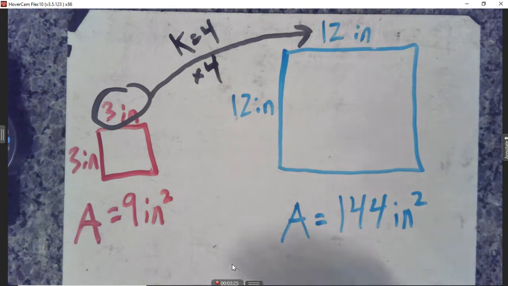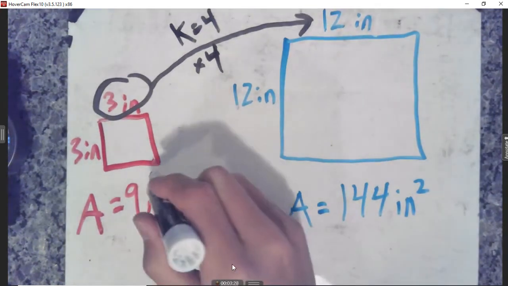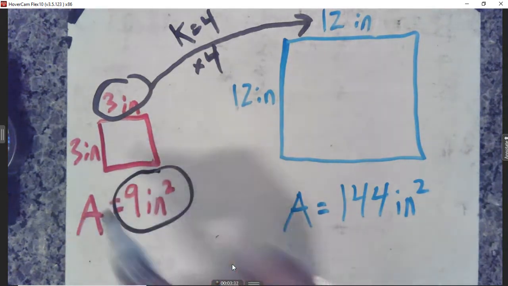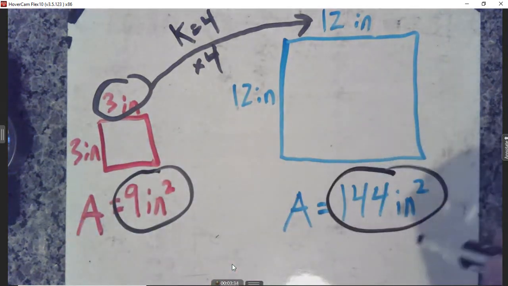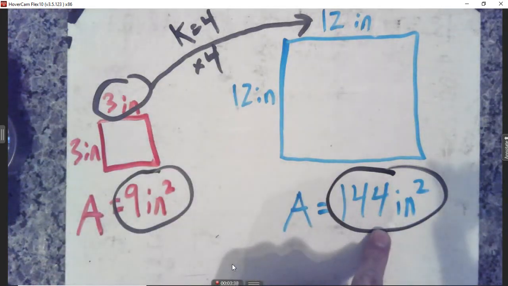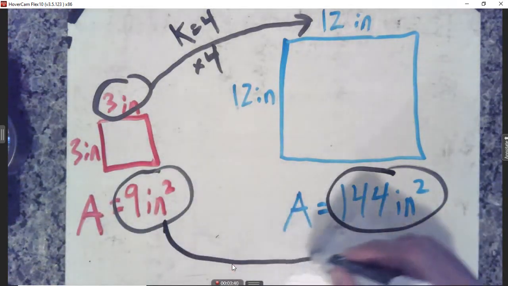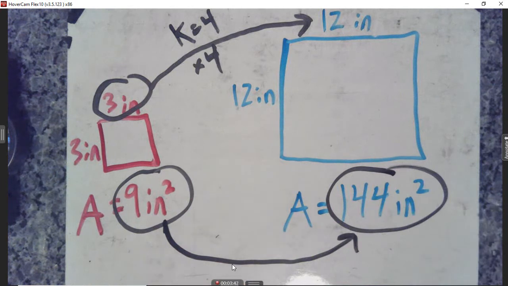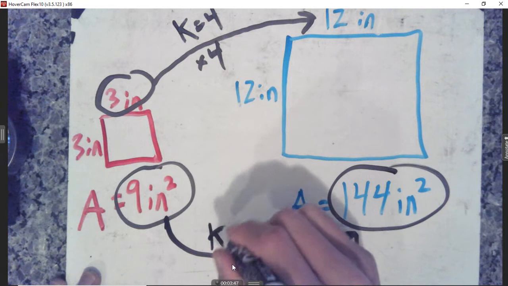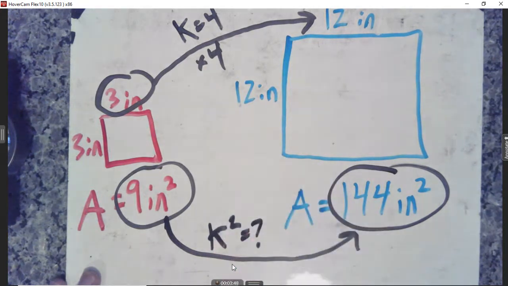But what is the case when I'm looking at area? I'm starting at 9 inches squared for the first shape, and then I'm going to 144. We can't just multiply 9 by 4 to get 144. So what is the relationship? We just learned that it happened to be K squared. So what is that K squared?